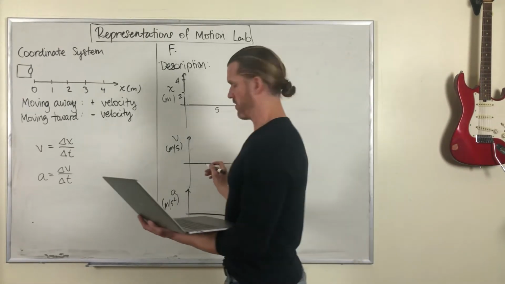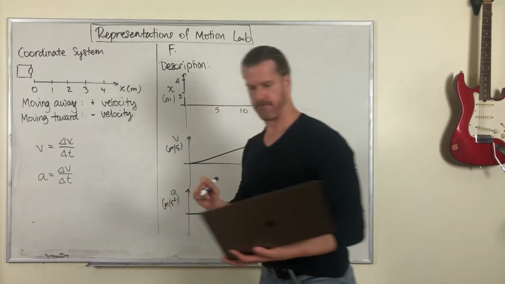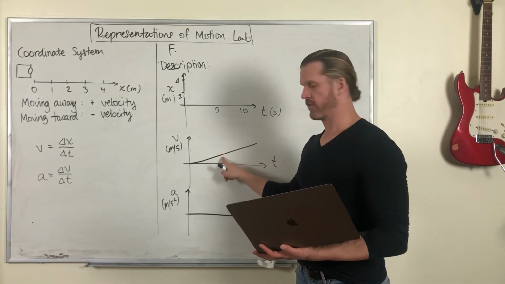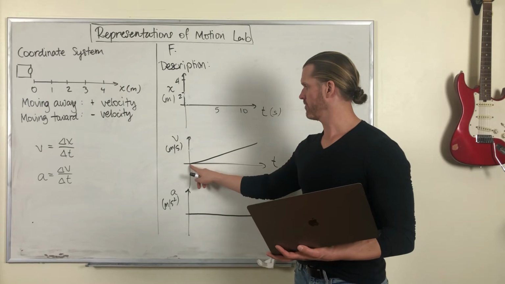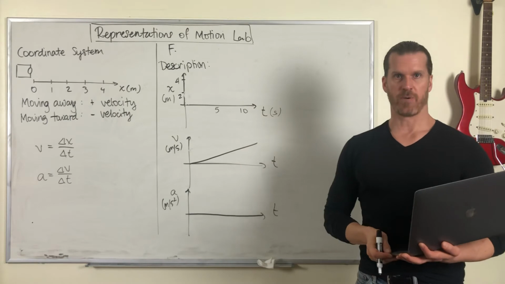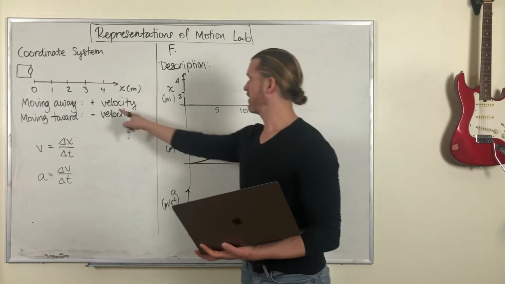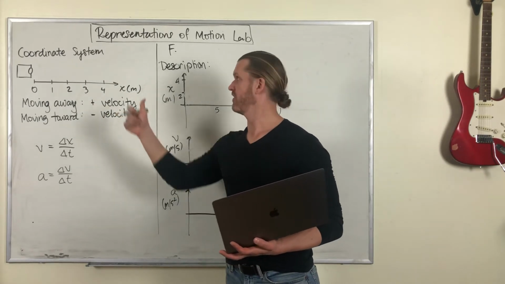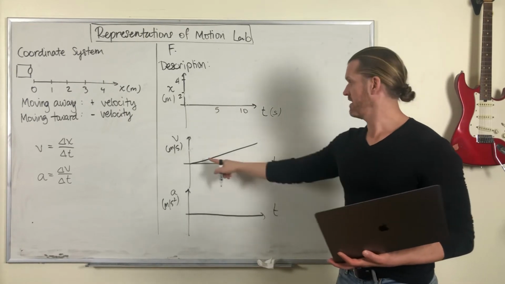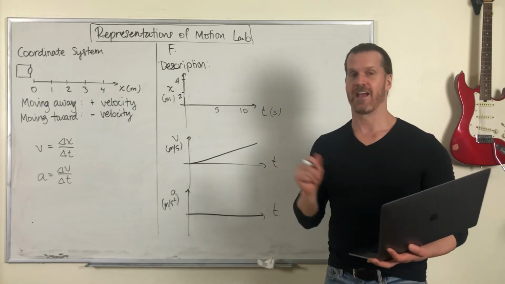So in part F, we start out with this. This velocity starts at 0, it increases, and it's positive the whole time. Because it's positive the whole time, it means you're moving away from the detector during this whole motion. And because it's getting bigger, it means you get faster and faster as you move away.